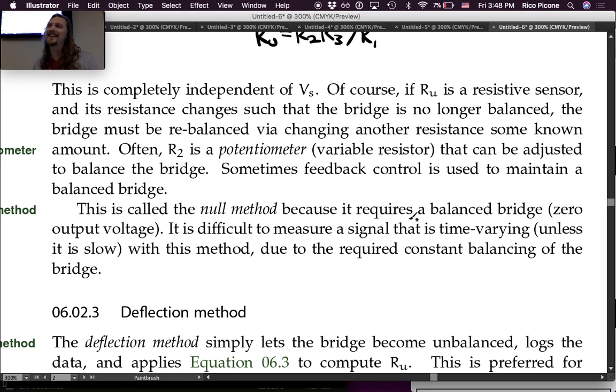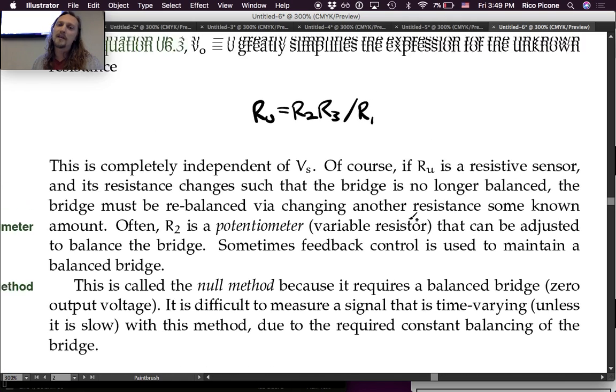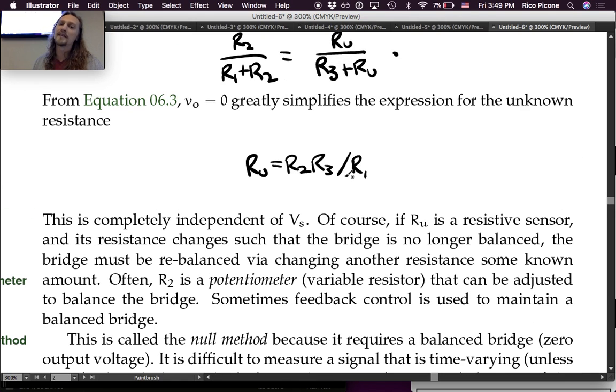But then I was like, that's kind of silly, we don't need to do that. It was just more for fun than anything else. But the Null Method is used. It is kind of nice in some ways. It's really nice to have a really easy equation for your final result. But making that equation true all the time, by balancing the bridge, can be kind of a pain.